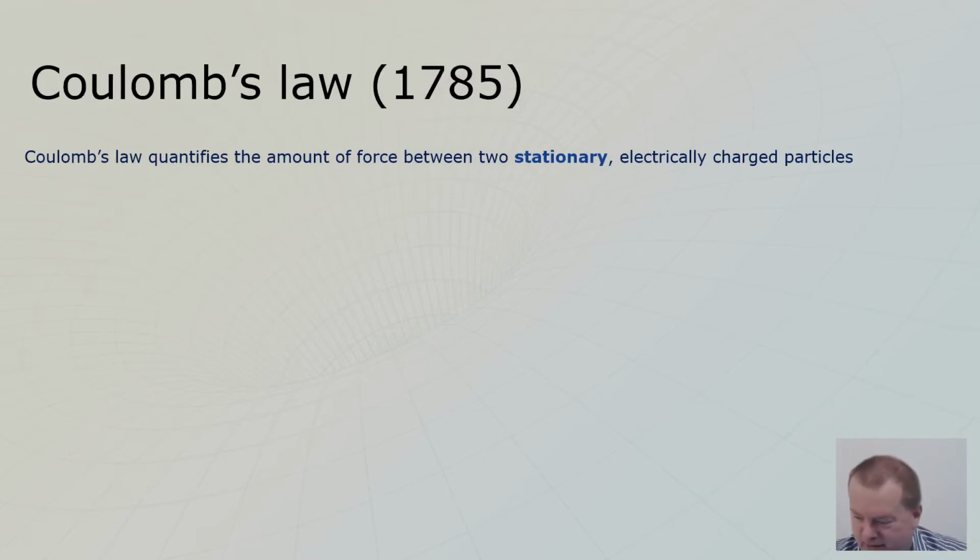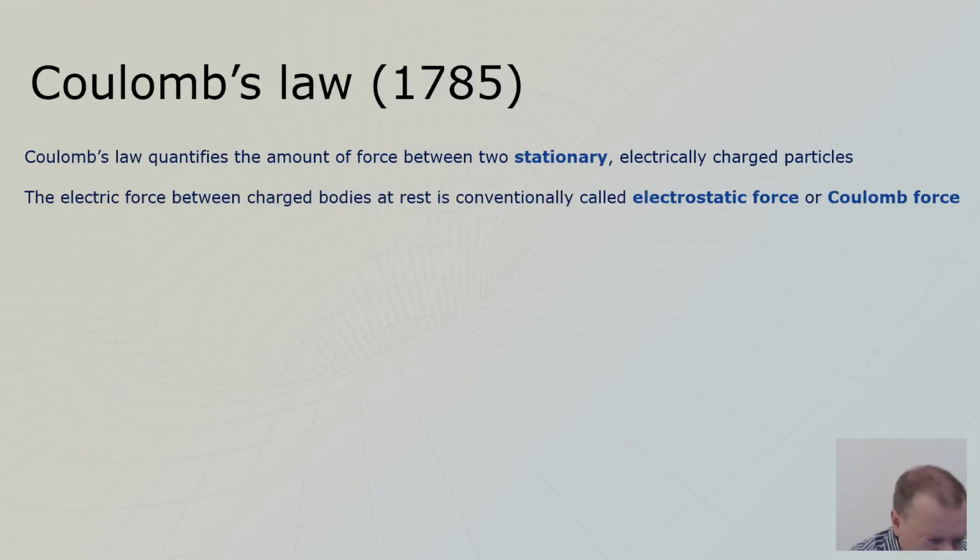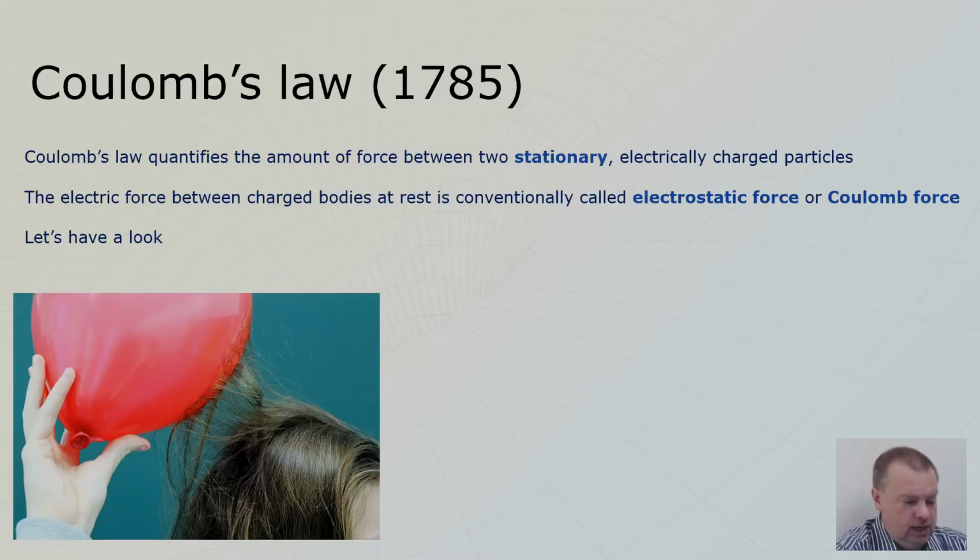So let's dive in a little bit more. The electric force at rest, we call it the electrostatic force, or sometimes to honor Coulomb, the Coulomb force. And you know this force. If you have a balloon and you rub it on your sweater, it gets charged. I'm not sure if it's positive or negative, but it gets charged.